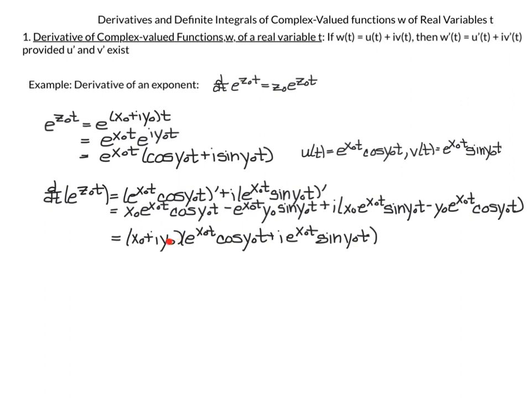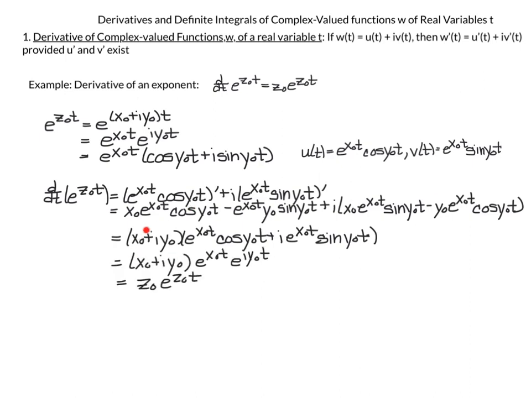And when I do that, my z naught is now in the form of x naught plus i y naught. And I see I can factor this out to e to the x naught t cosine y naught t plus i e to the x naught t sine y naught t. And you can multiply it out, but you'll see that this is exactly what this expression is over here above.